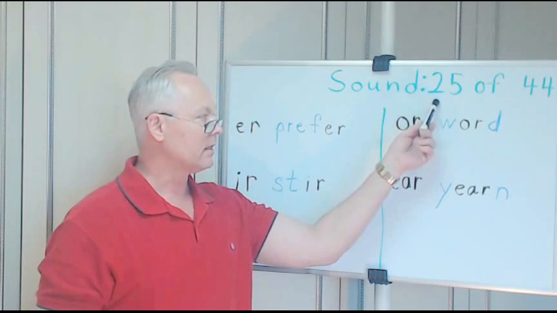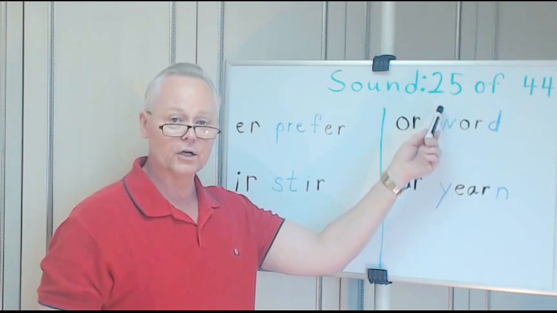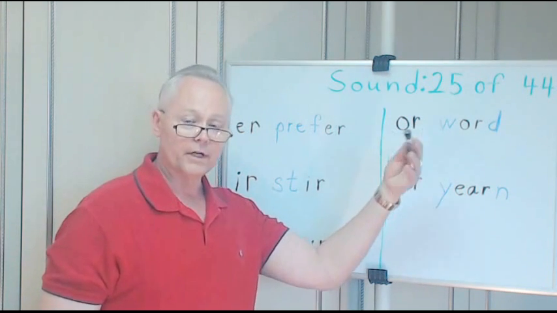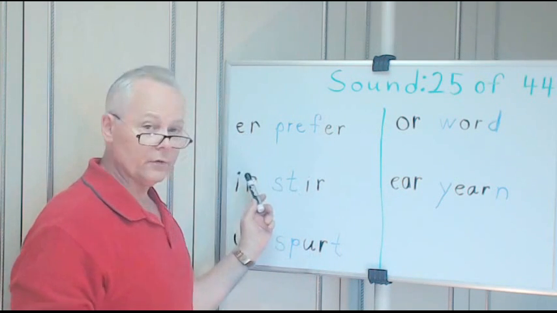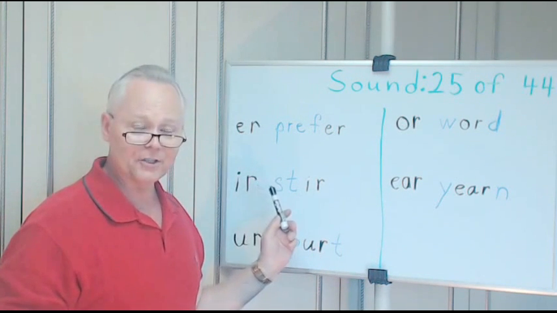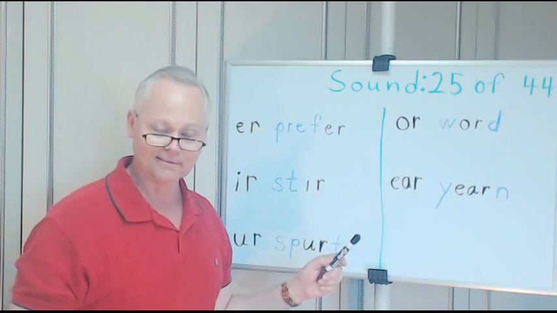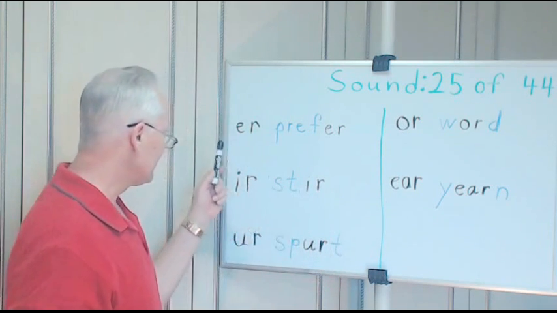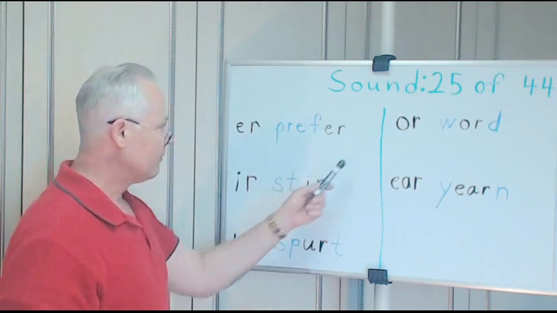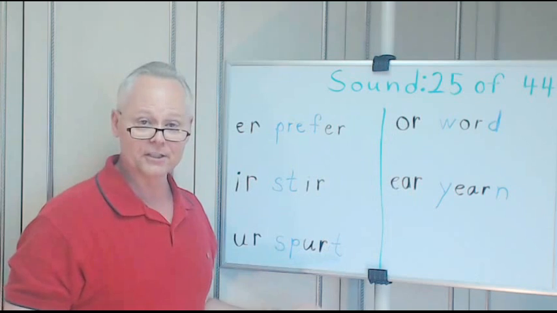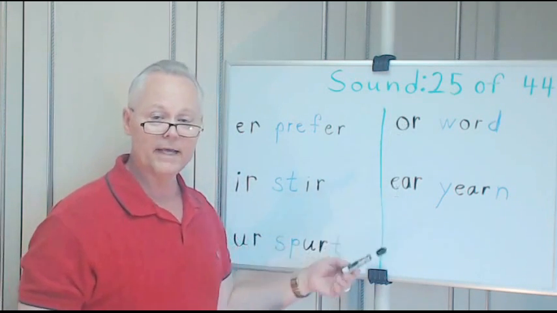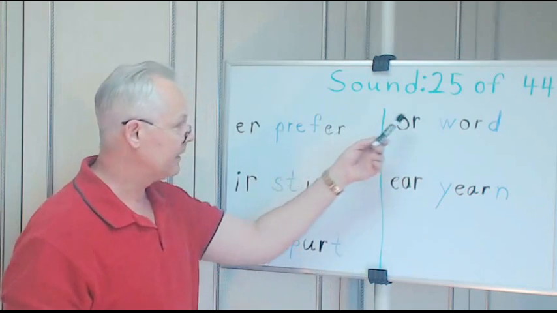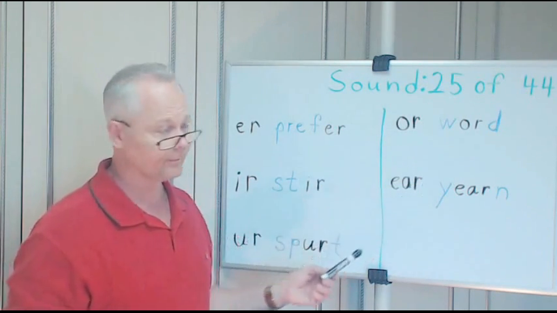Now, here we are on number 25, so this is the first of the coming 20 sounds that we use vowels and vowel combinations to make sounds. So, here we have 5 letter combinations. Now, each combination makes the same sound in these example words.